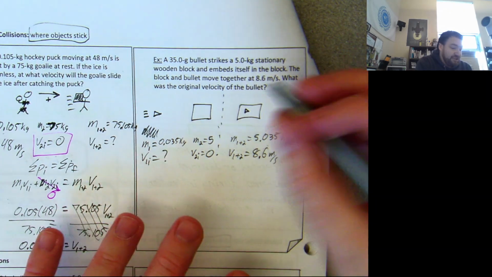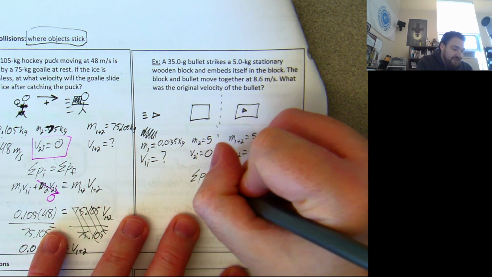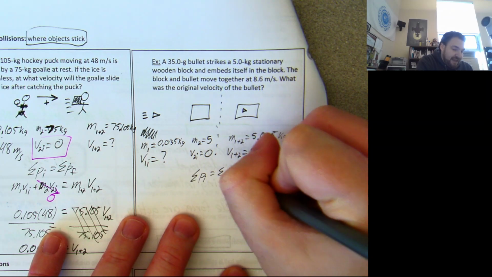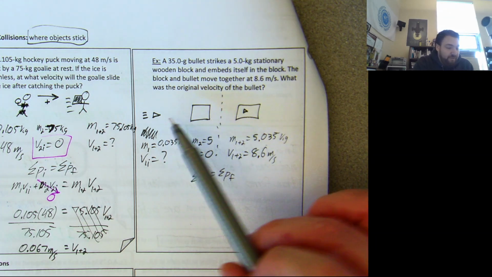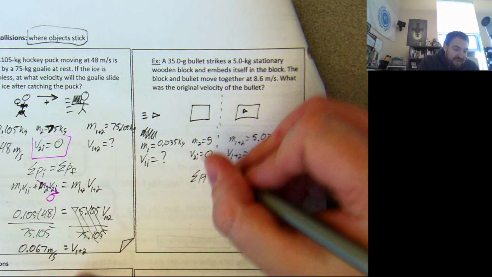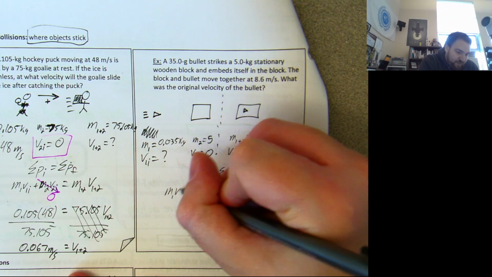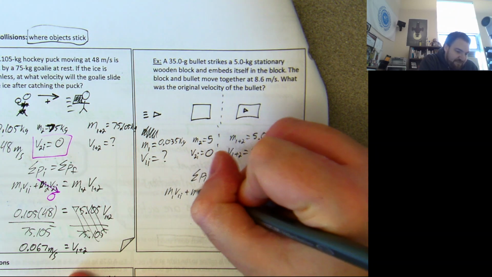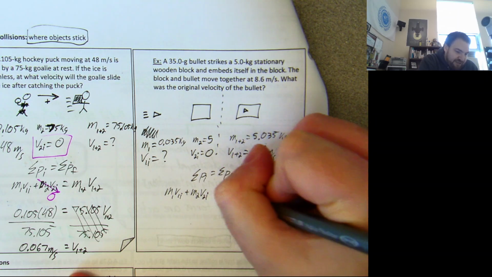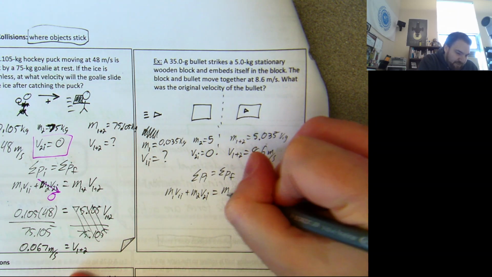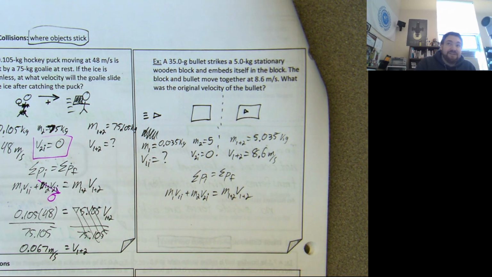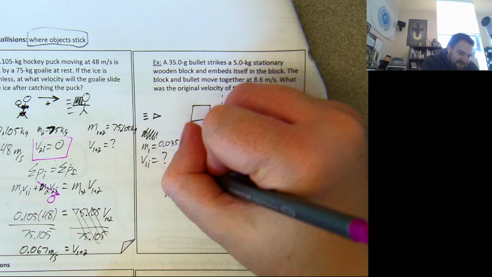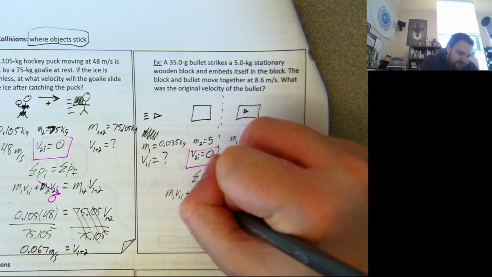Now we've got sum of the momentums initial equal to sum of the momentums at the end. And the initial velocity of the bullet is what we're looking for. I'm going to get m1 v1 initial plus m2 v2 initial equals m1 plus 2 times v1 plus 2. Now I can fill this in because this is 0.